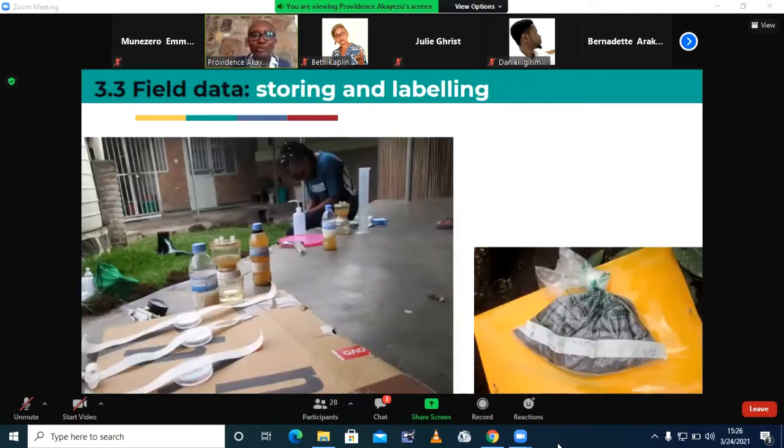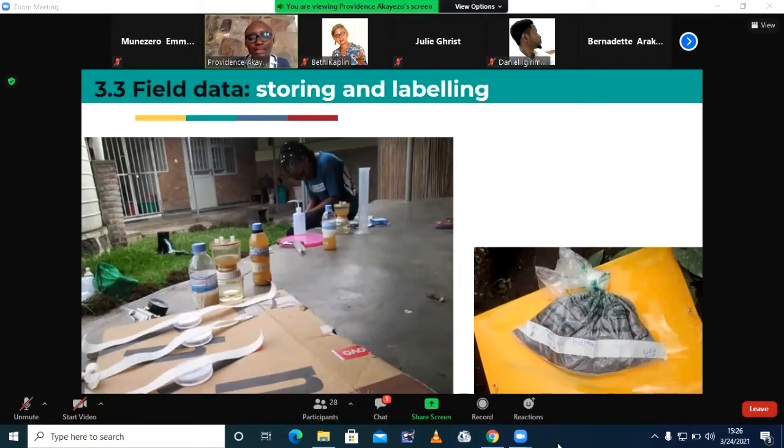We were also very aware of carefully storing and labeling the samples, because each sample had to go through laboratory analysis, and the laboratory wants every sample to be labeled with a unique ID. So we had to put the date, the location, the name of the sample.